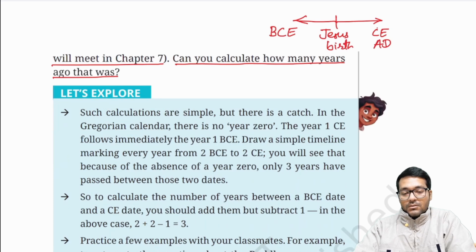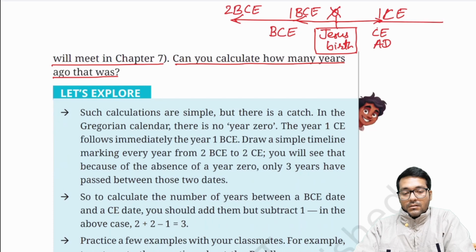Note there is no 0 year or something like that. There is 1 AD or 1 CE or 1 BCE. Similarly, there is 2 BCE and 2 CE, like that.